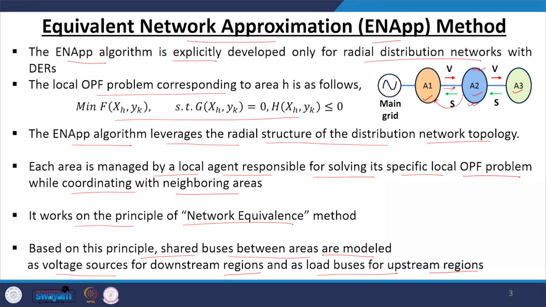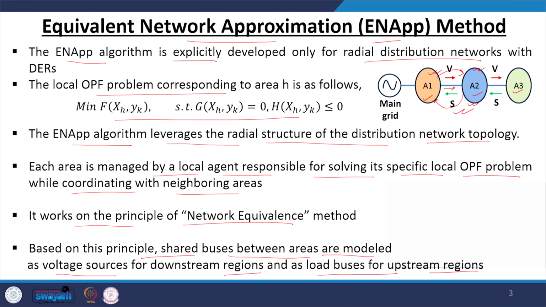Similarly, for area 2, area 1 is an infinite voltage source from where it can take power like a substation. So only the voltage data will be sent to area 2. For every child and parent area, the child area only serves the parent area with its load data, and the parent area only shares the voltage data with its child area. With this consideration, the NAP algorithm works.